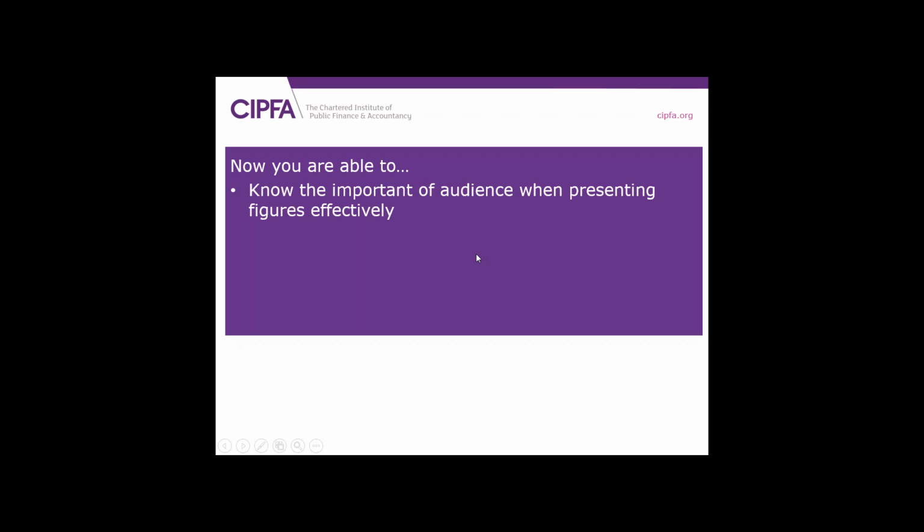So we talked about the importance of the audience, what they need to know, whether they're an expert, whether they're an executive, whether they're a novice, to think about the kind of level that you need to present that. The drive should always be what they need to know, and also what are the key information that you need them to take away. We've talked a little bit about the structure and format of tables.